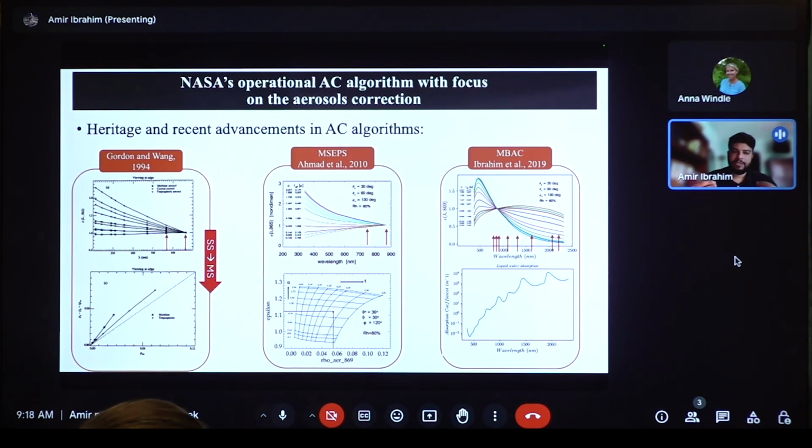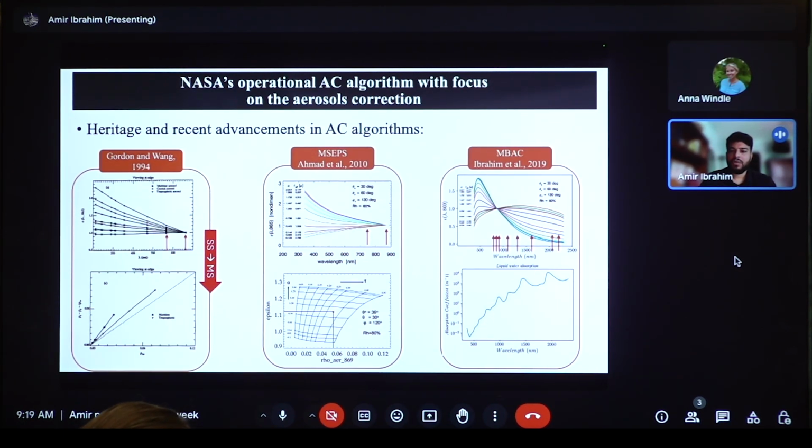As we know, the further we go into the longer wavelengths, into near infrared and shortwave infrared, the water absorption is so significant that the ocean is basically dark when you look at it at the surface level. So if you look at the top of the atmosphere signal, whatever contribution you're seeing from the satellite is primarily coming from the atmosphere and surface glint.